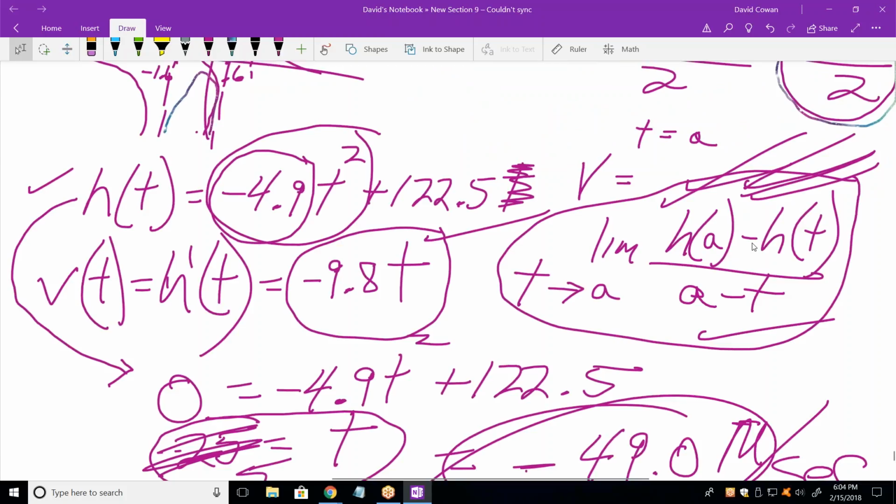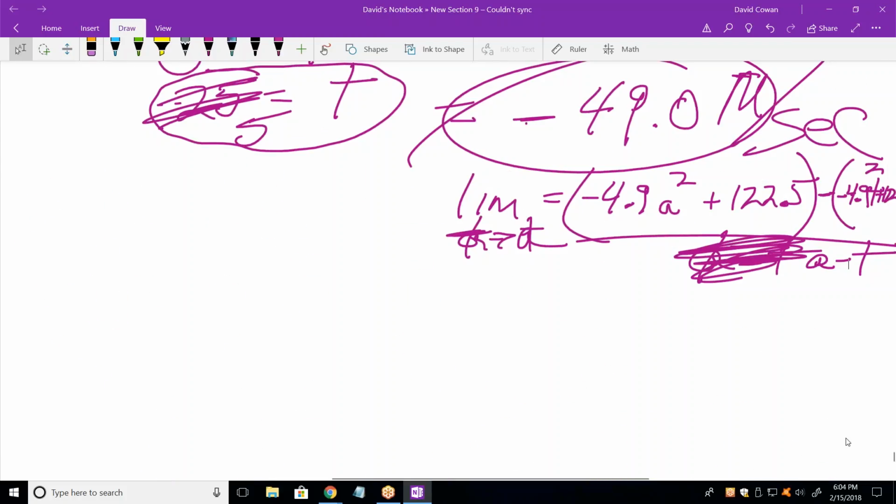So it's h of a minus h of t all over a minus t. And what are we supposed to find the limit as?